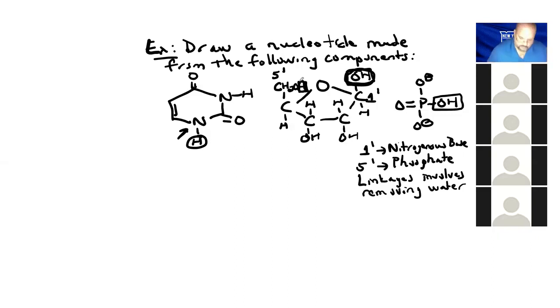Okay. So going from left to right, we're going to do phosphate, sugar, base. All right. So we'll start with phosphate first. And the part that's going to be removed is the OH off of the phosphate group.